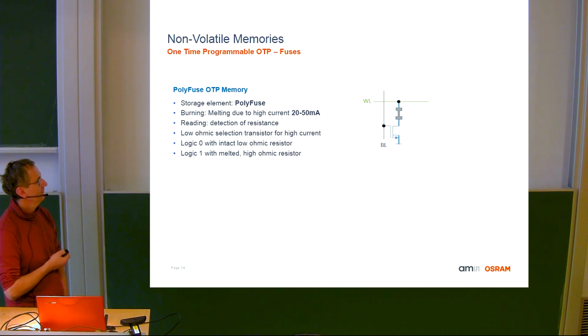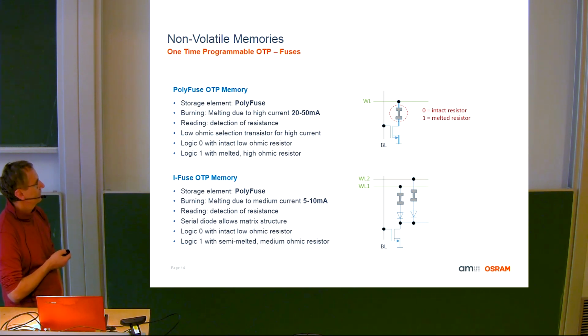Here we're also talking about high currents, but you can optimize this by stretching the fuse: with a minimum width, you can stretch it to a factor of 10 in length. Then you get a good spot to melt it down. So an intact resistor would be a 0, switched off, and melted is then a high, switched on.